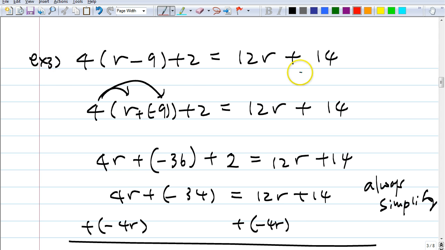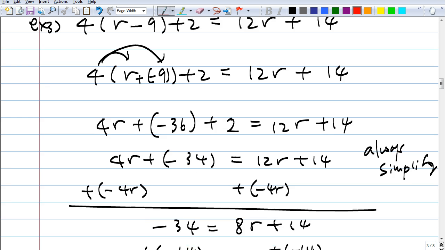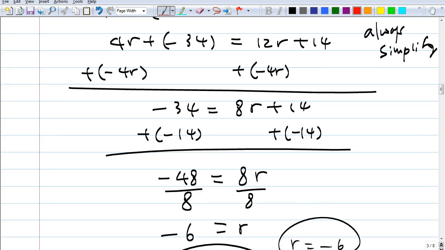Since this whole thing is being multiplied by 4, and 4 goes into every term, you could do it that way, but this works too. It works because if you divide both sides by 4, it goes into each term. If it didn't, then you get some fraction, you see? It's not always going to go in, so you want to avoid fractions as much as you can.